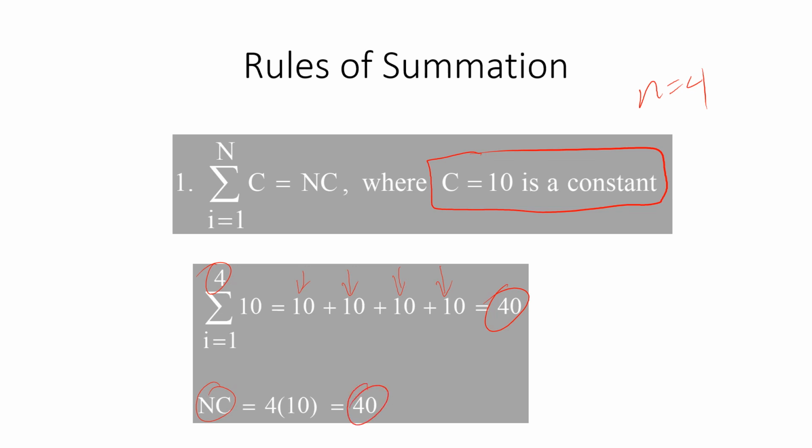So the sum of the constant equals the number times the constant. They're the same thing. And why is that the case? It's because you can pull out a constant, whether you add in the constant before you multiply or multiply the constant after. Because it's a constant, it comes out the same both ways.